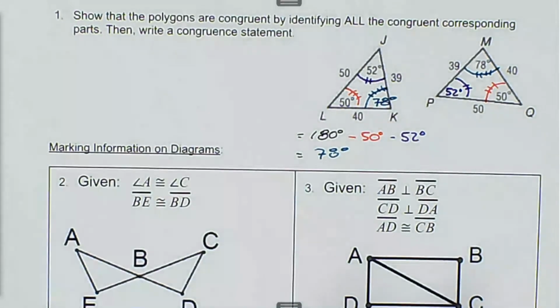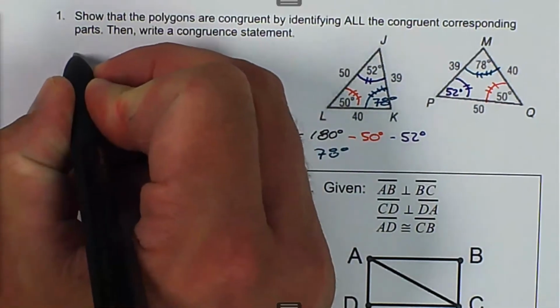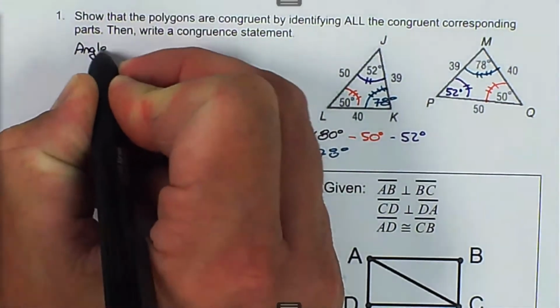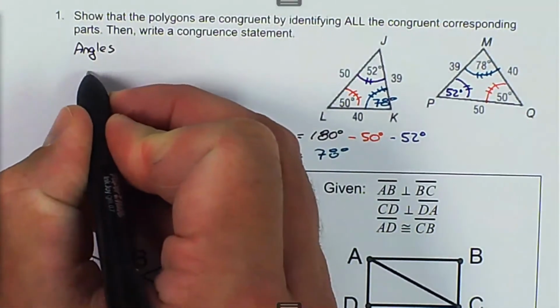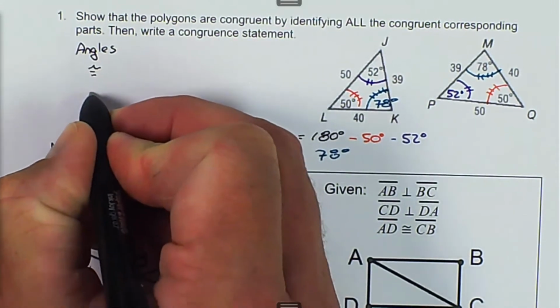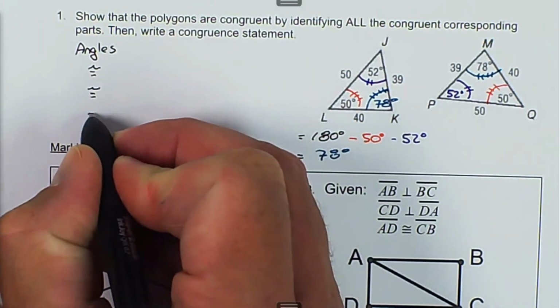All right, so we have the angles marked, so we can write those out. We're going to have 3 separate congruence statements for the angles.